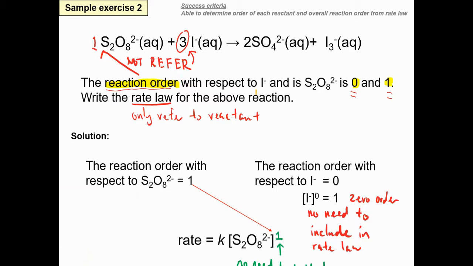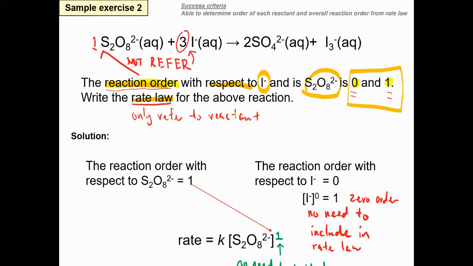The reaction order with respect to I negative, iodide ion, and S2O8 negative is 0 and 1. And then it says write the rate law for the above reaction.